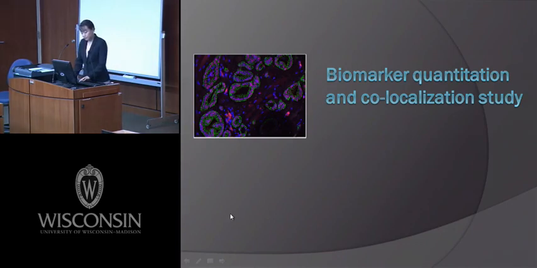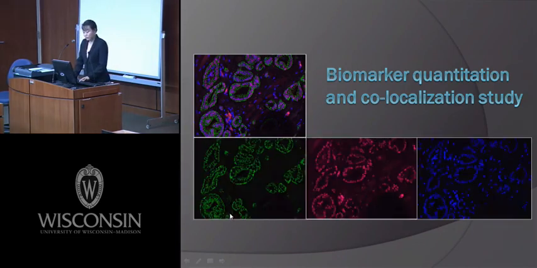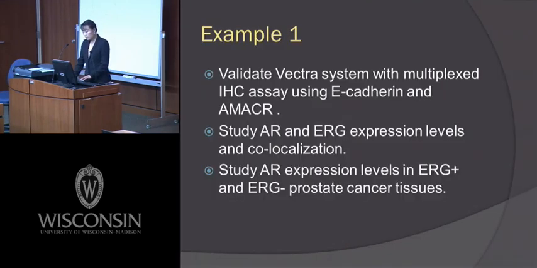I'm going to give you several examples that have been done in the TRIP lab. In the first example, we did validation of a vector system with a multiplex IHC assay with E-cadherin and a biomarker. These two markers are known prostate cancer markers.